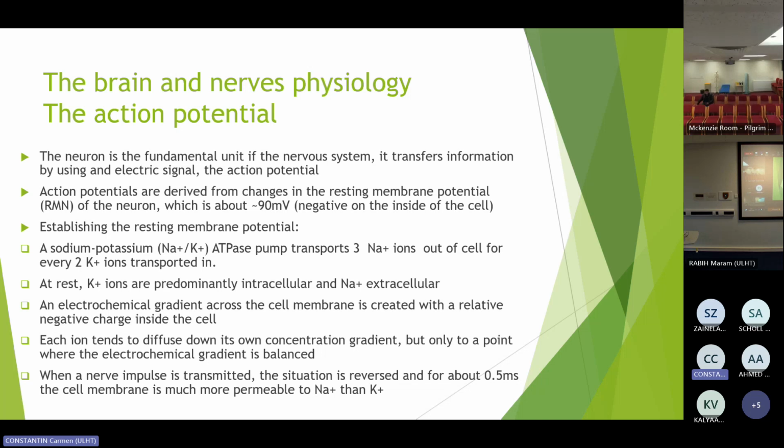Each ion tends to diffuse down its own concentration gradient, but only to the point where the electrochemical gradient is balanced. When a nerve impulse is transmitted, the situation is reversed, and for about 0.5 milliseconds the cell membrane is much more open to sodium than potassium.